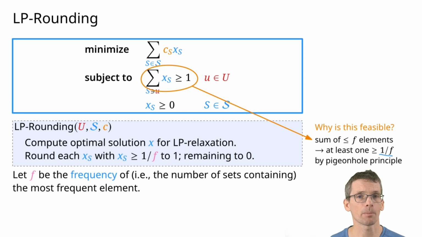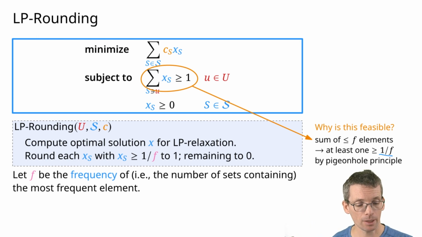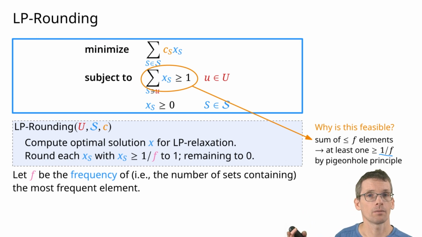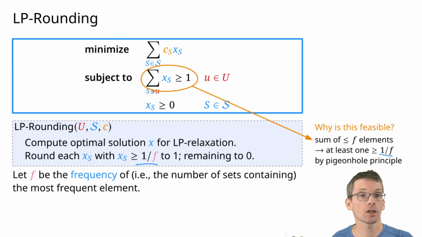This is by the pigeonhole principle. Simply, if you have at most f variables and they are all smaller than 1 divided by f, then their sum cannot be 1. Thus, if I round up everything which is at least 1 divided by f, then in the sum there's at least 1, since I actually round it up, so the element is covered.